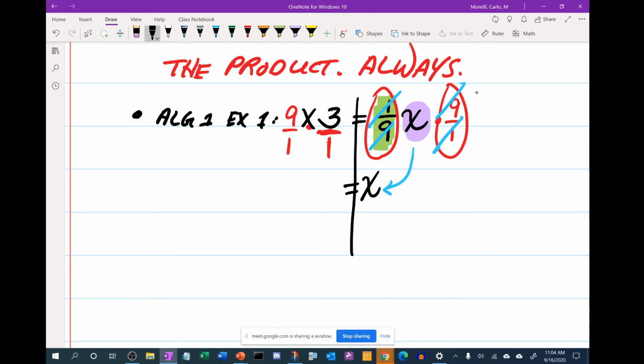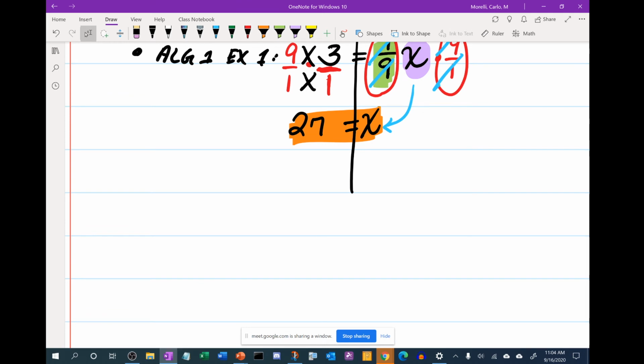Now I just multiply 9 times 3 over 1 times 1. What's that? Yeah, 27. So this is the answer to the question. All right, we're going to do several more examples, so you guys are going to have a chance to really get this.